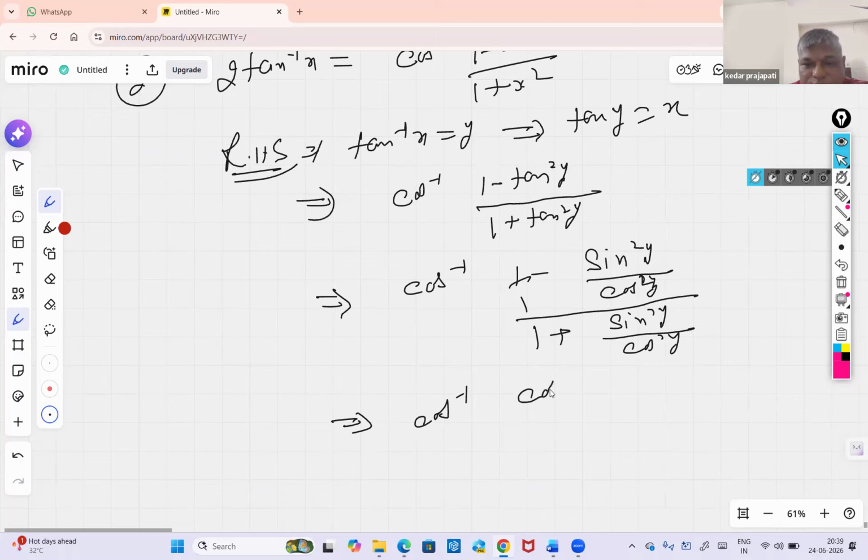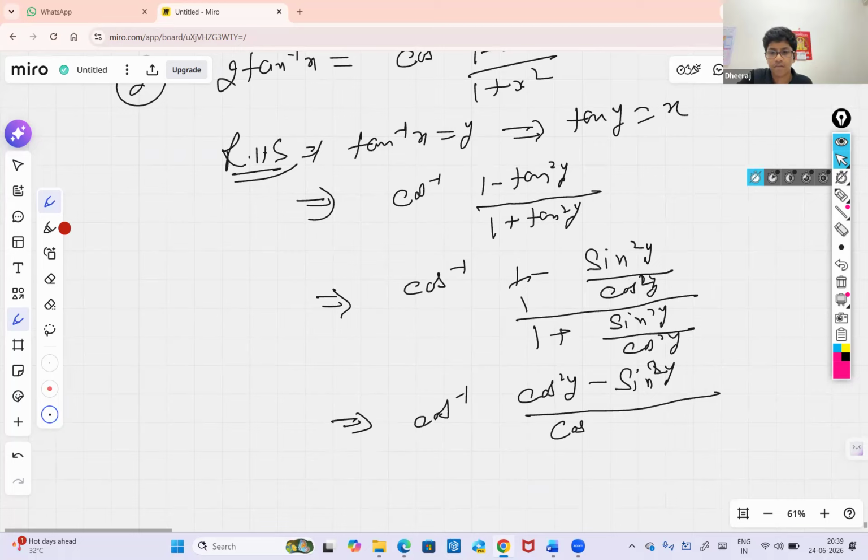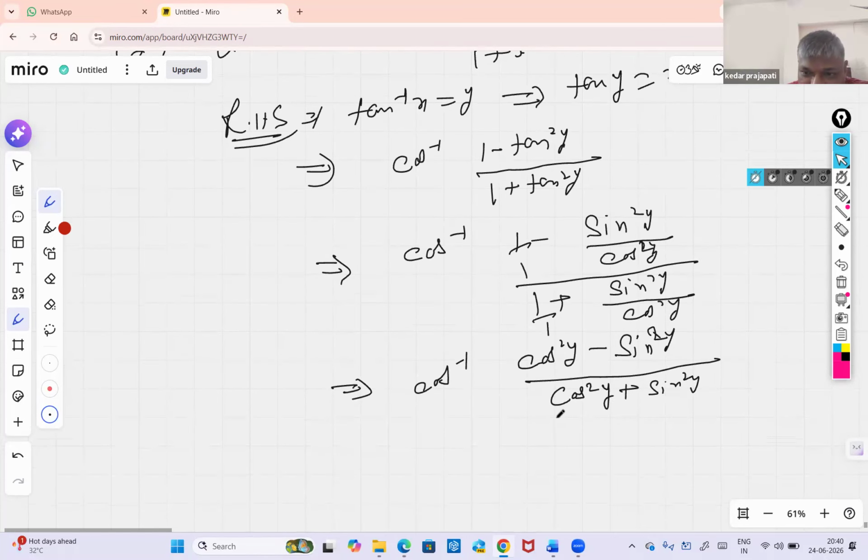So it is cos square y minus sin square y over cos square y plus sin square y, and the cos square y will get cancelled. Now cos square y plus sin square y is 1.